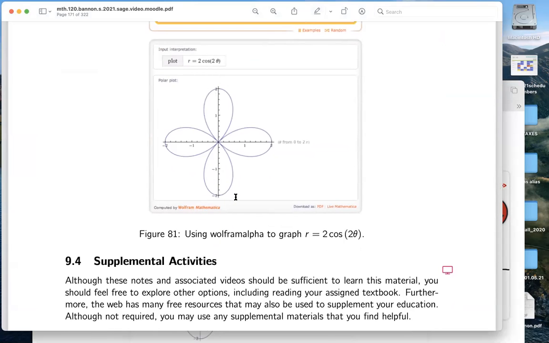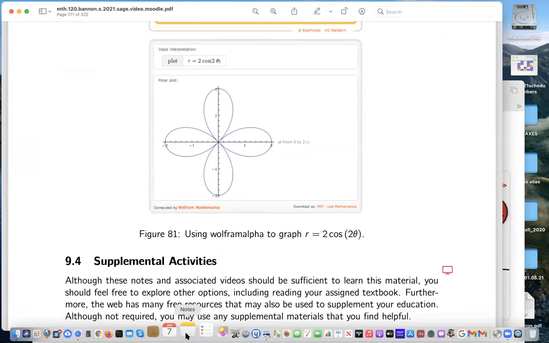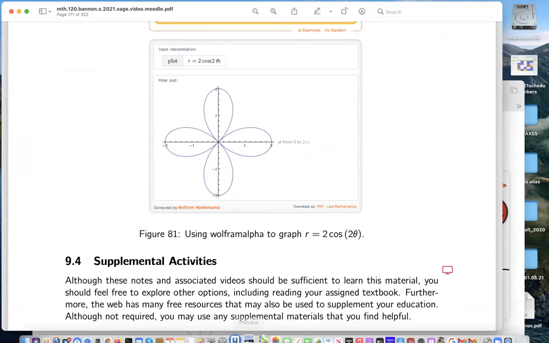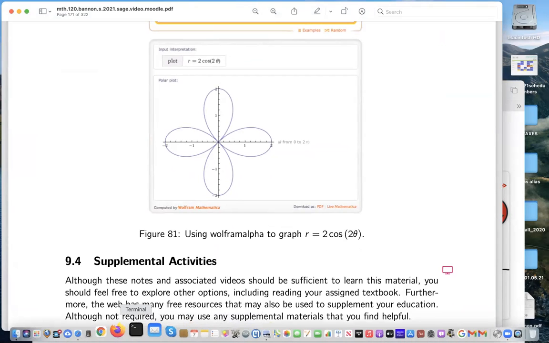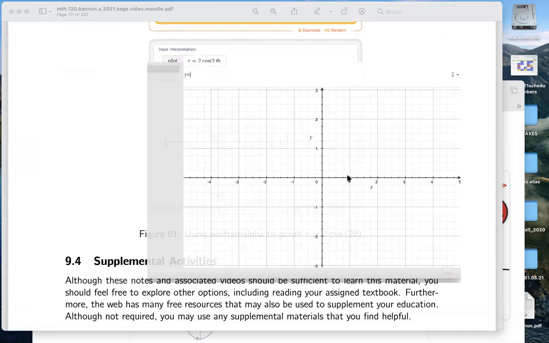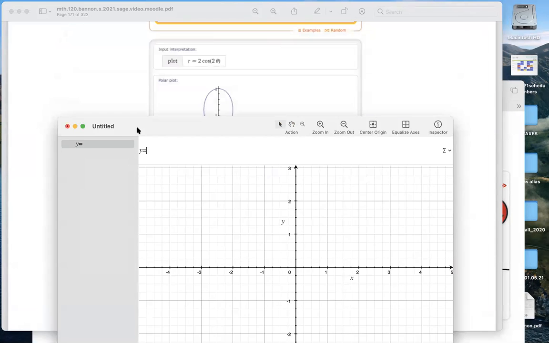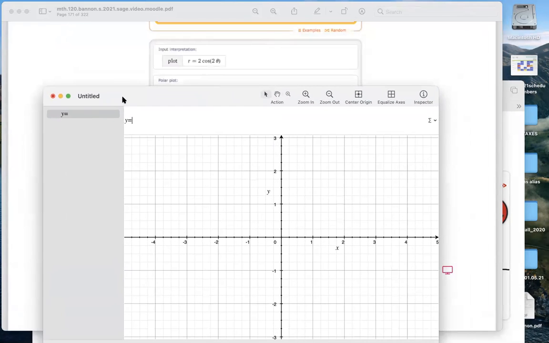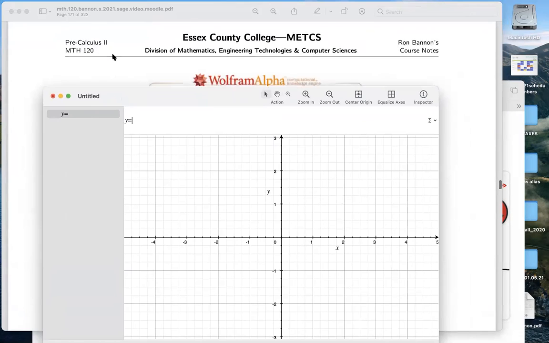I'm going to talk about another software product. For those students running a computer that runs OS 10, I'm going to recommend that you use a software called Grapher. All right, let me open up Grapher for you. And one thing I like about Grapher is it really allows a good deal of flexibility in what you're going to be putting down over here.